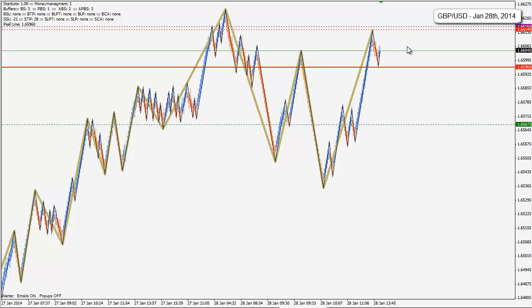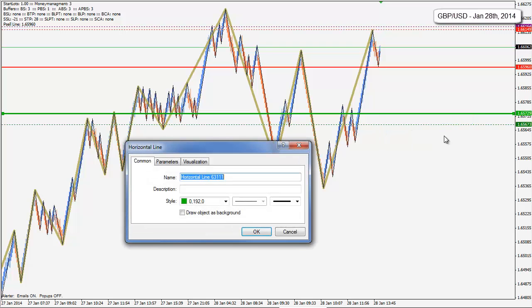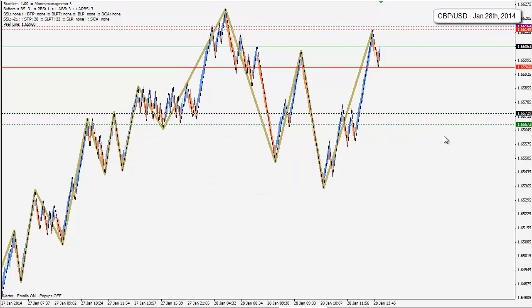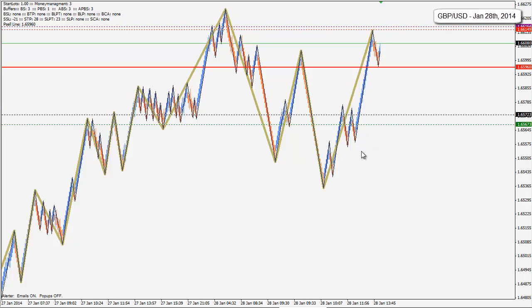Right now there's plenty of room for a 1-to-1 or higher. And just in case we don't get quite down to my profit, my safety net is to place a break-even line right there, just to make sure that if we come close and it turns around, I'm not going to end up losing that trade. So that's everything pre-planned. I'll pause this video and get back to it at the next juncture of the trade.